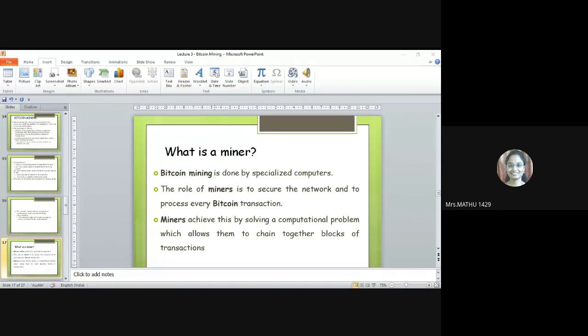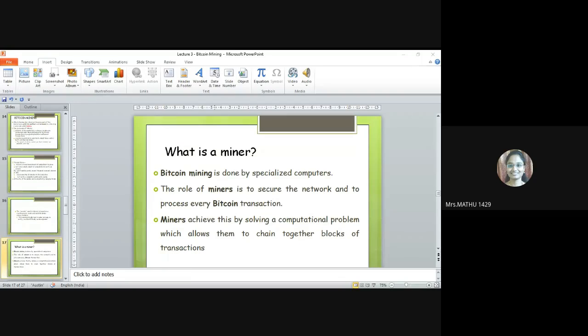Okay, so now before going further, we need to understand who or what a miner is. We may think that a miner is a person sitting in front of the system doing the computation, like solving a Sudoku puzzle. But a miner is not a single person.